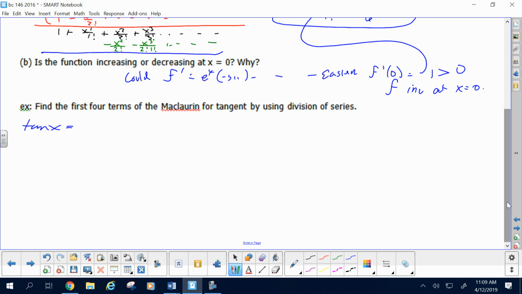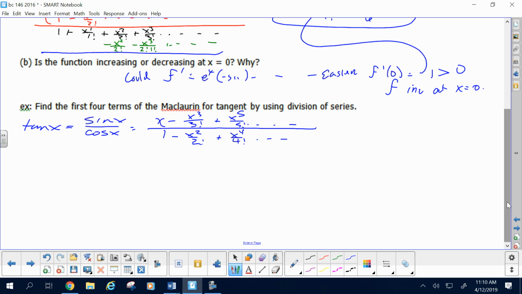But let's look at coming up with it another way. Tangent is sine over cosine. And the sine series is x minus x cubed over 3 factorial plus x to the 5th over 5 factorial, and so on. And cosine is 1 minus x squared over 2 factorial plus x to the 4th over 4 factorial, and so on.